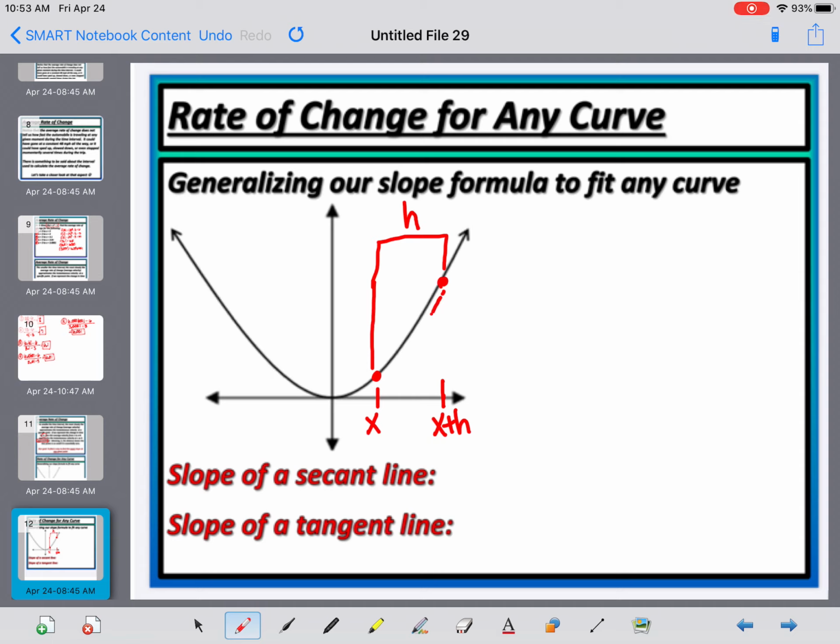Okay, so as these 2 points get closer and closer together, so maybe this one's moving down, the h is getting smaller and smaller, and it's starting to approach 0. Okay, so what we're trying to formulate here and finally come full circle and put together is an equation for the slope of a secant line and the slope of a tangent line and what they represent. Okay, so we've already said that the secant line is the average rate of change.